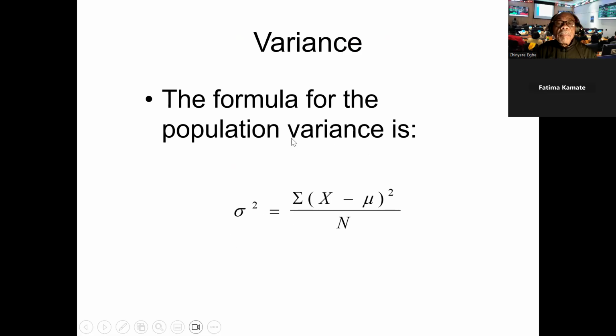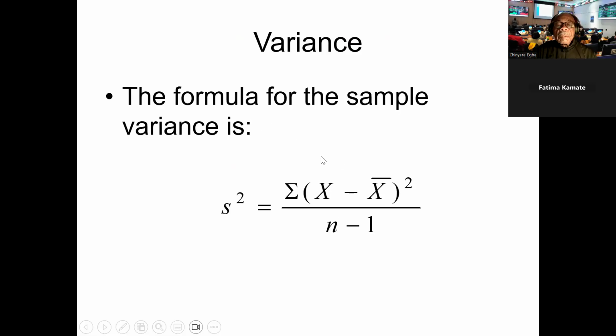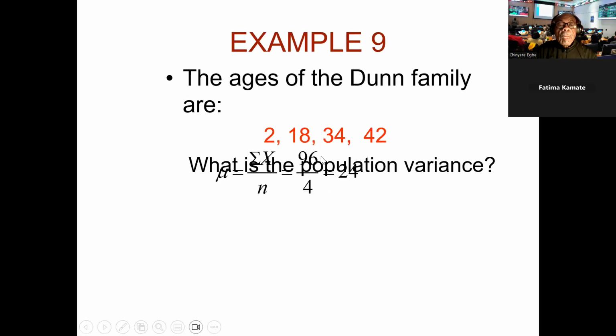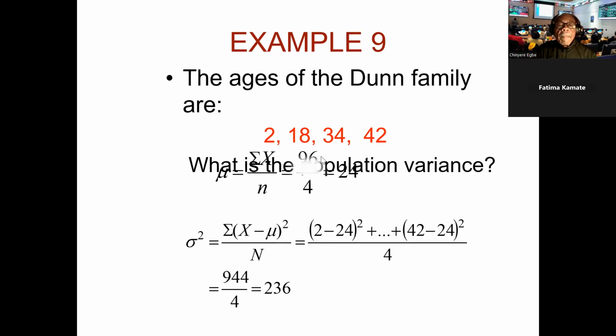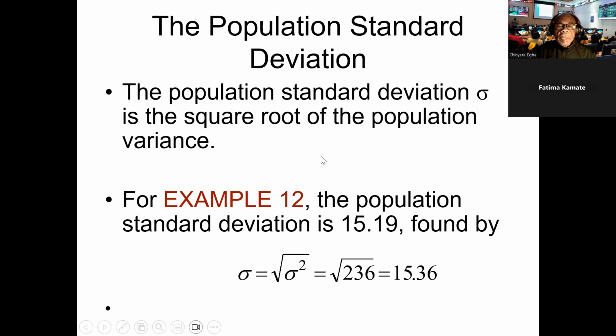So this is the population variance. The population standard deviation is the square root of the variance. The population standard deviation is the square root of the population variance.